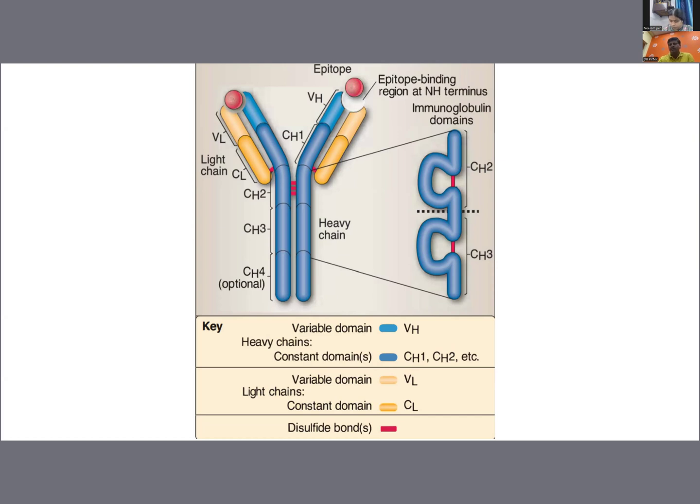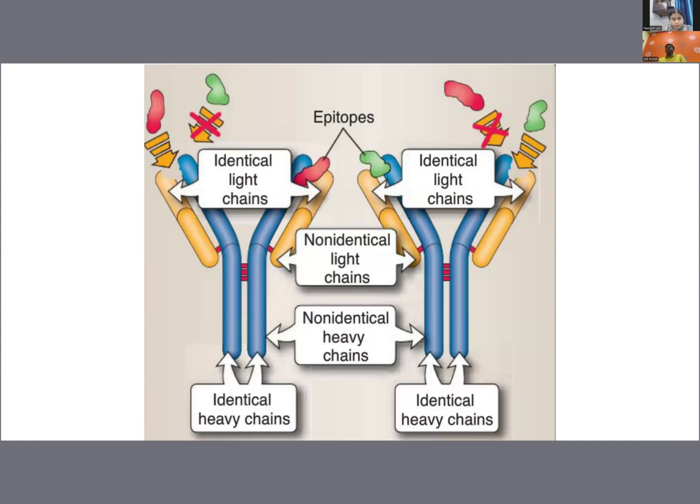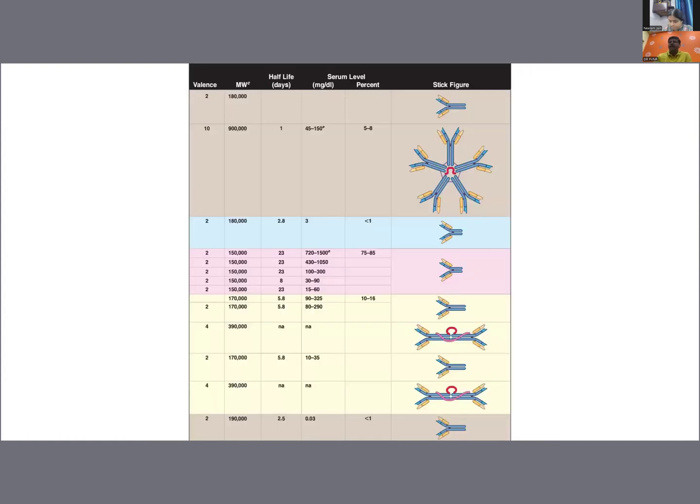This is an antibody. It is Y in shape, having two light chains and two heavy chains. In this slide, you will see there are different shapes, different formations of these antibodies.